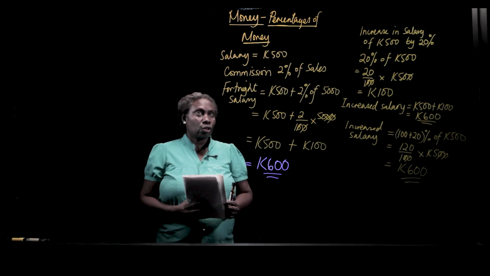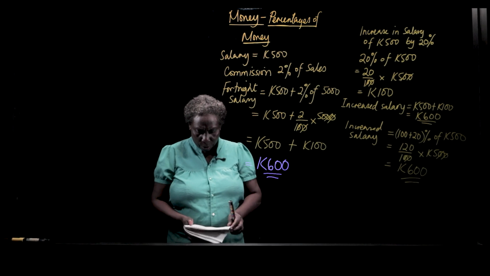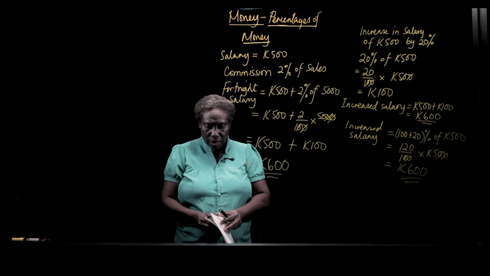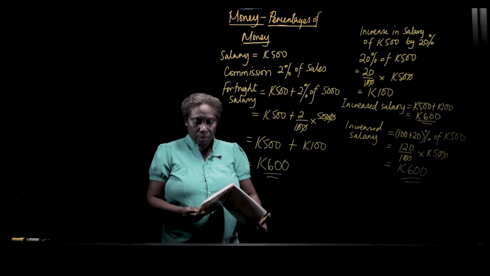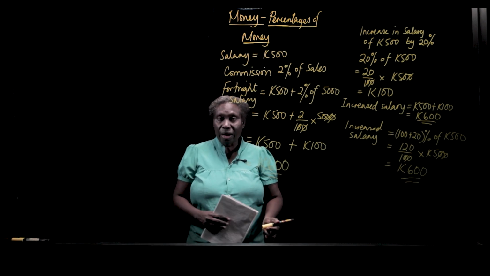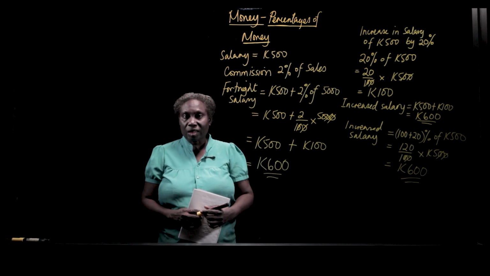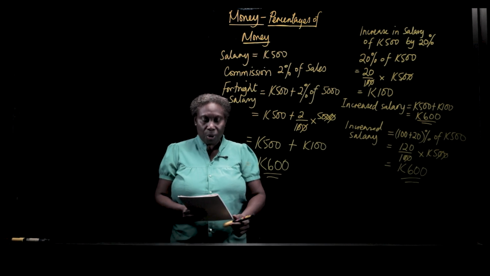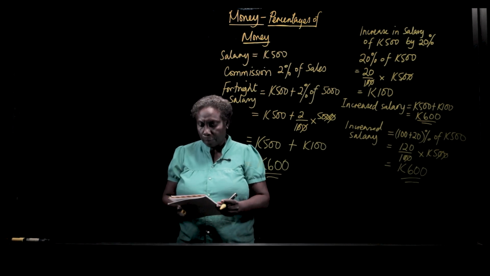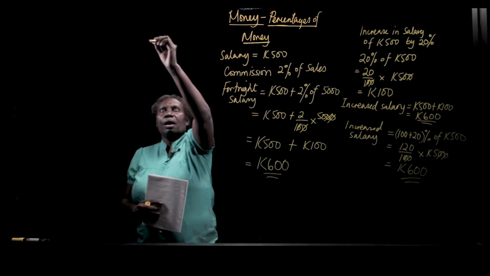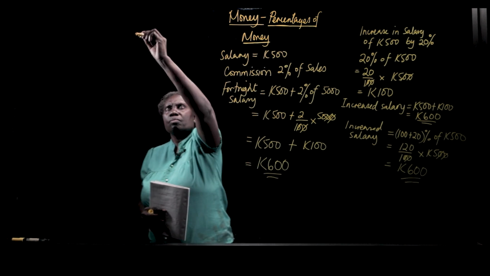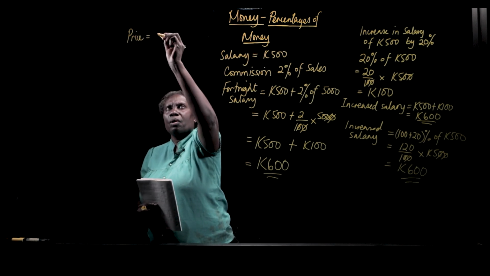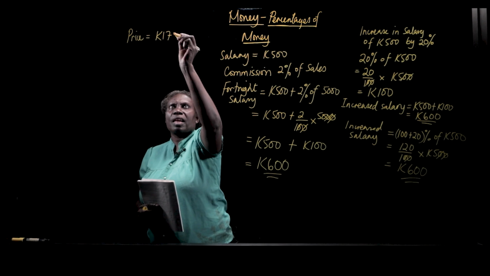The next one that we are going to look at is reduced price. Let's say there's a clearance sale at Brian Bell during the Christmas season, and all items are sold at a discount price of 20%. Let's say the price of a rice cooker is 175 kina.